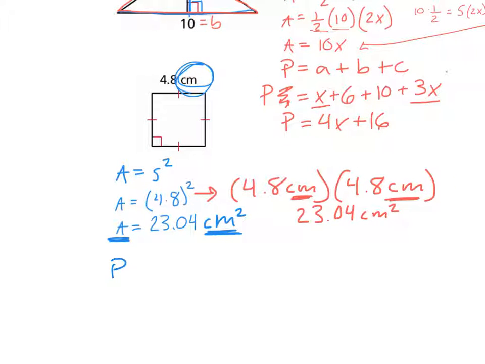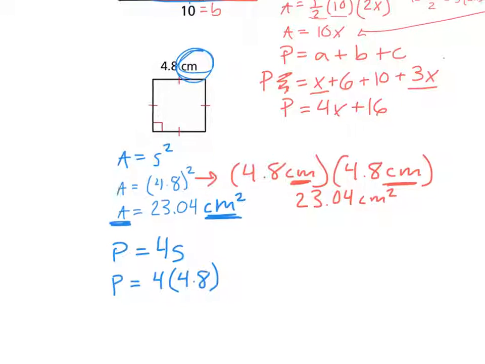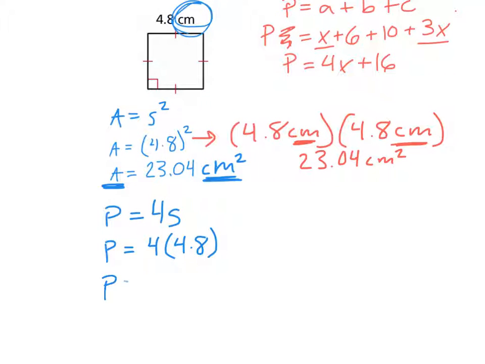So now let's look at the perimeter. What's the formula for perimeter of a square? 4s. So this would be 4 times 4.8. So the perimeter would be 19.2 centimeters.